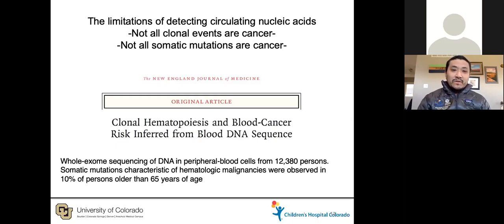This paper in the New England Journal of Medicine was really important in pointing out that when you perform whole exome sequencing of DNA in peripheral blood cells, somatic mutations characteristic of hematologic malignancies were found in 10% of persons older than 65 years of age. Obviously, not 10% of participants had cancer or developed cancer. So it's really important in this field that when you're looking for mutant events, you know what you're looking for and what that means for the patient.